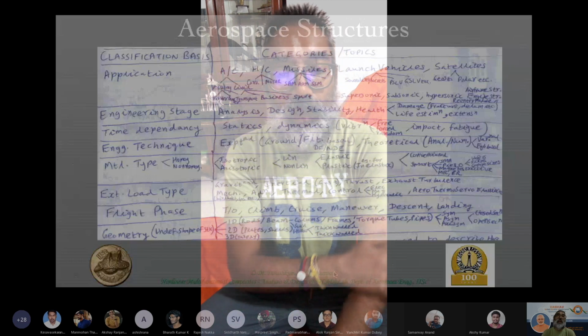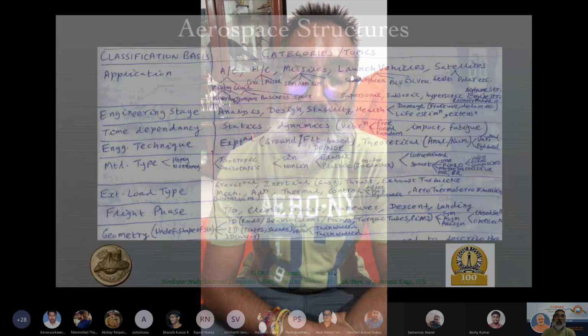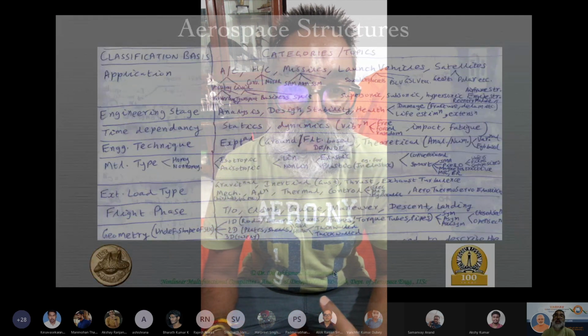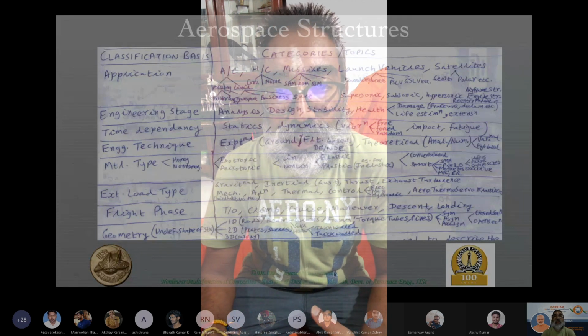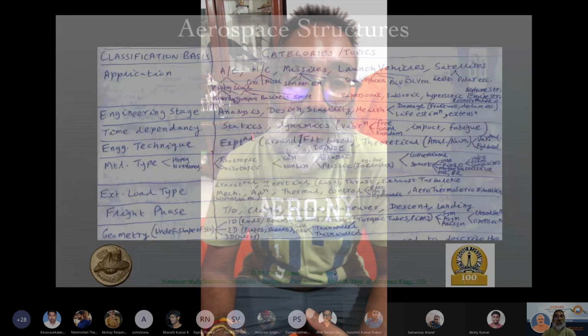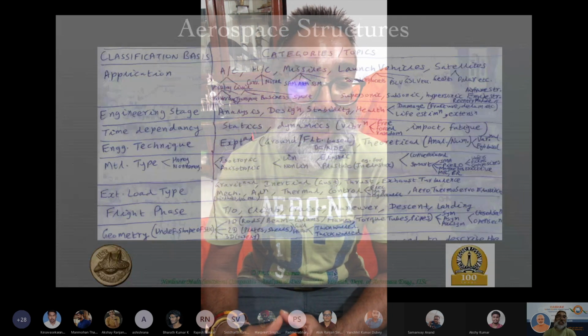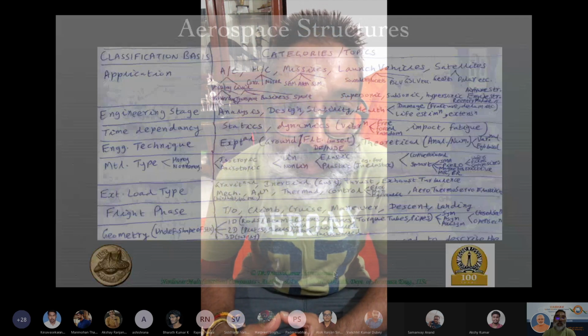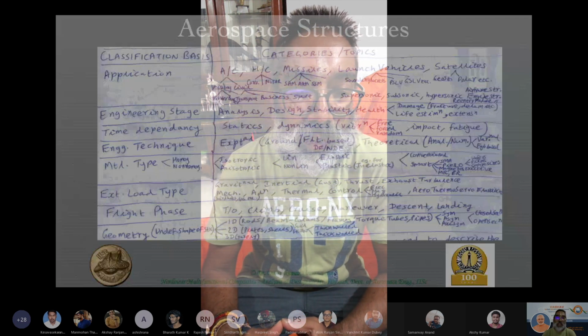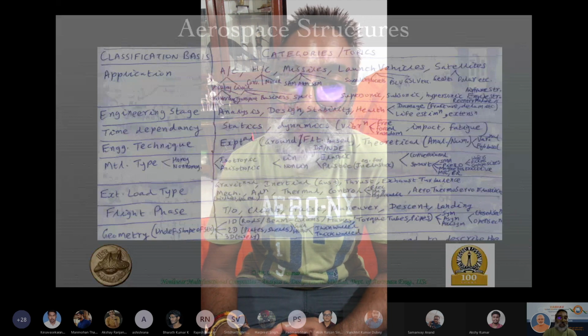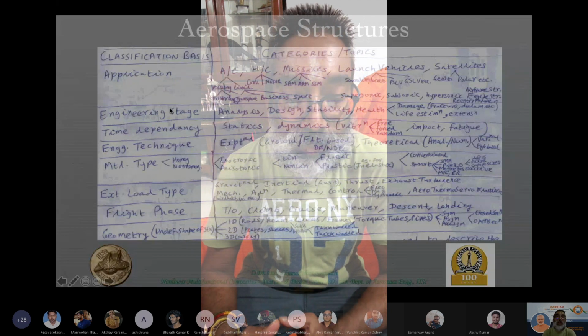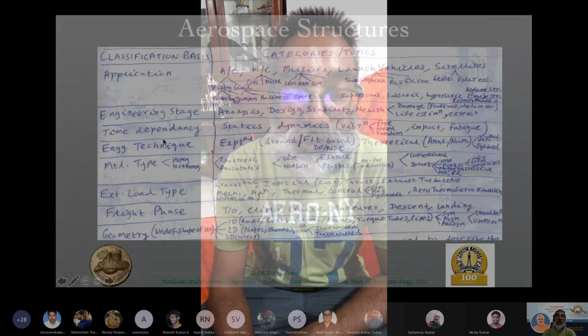Okay, now let's look at a few ways in which we can classify aerospace structures and their behaviors and their loading situations, etc. So there are many different bases on which you can classify aircraft structures. It could be based on the application. It could be based on the stage of engineering that we are dealing with. It could be based on whether there is a time dependency or not. If there is a time dependency, how?